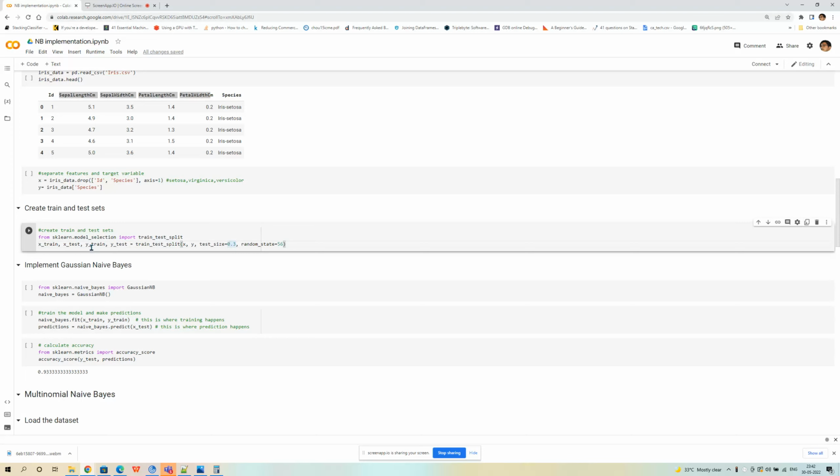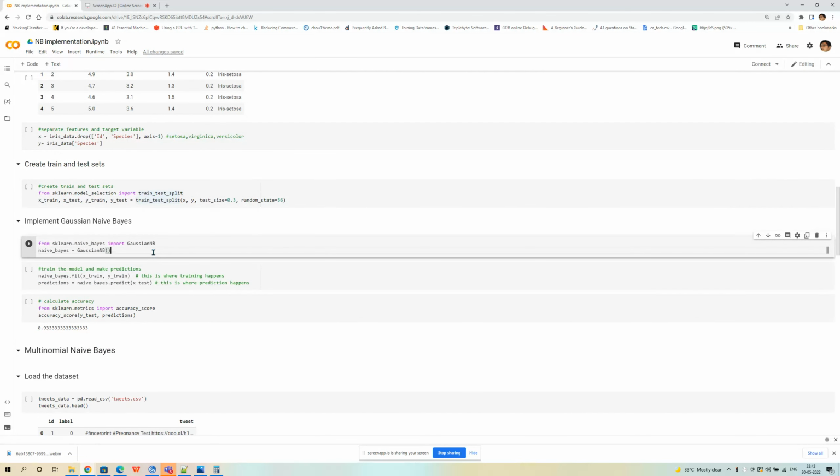To do that split, we'll use train_test_split. We'll pass the input data and the output for that input data, and set test size equal to 0.3. So it will divide the data as 70% training and 30% test.